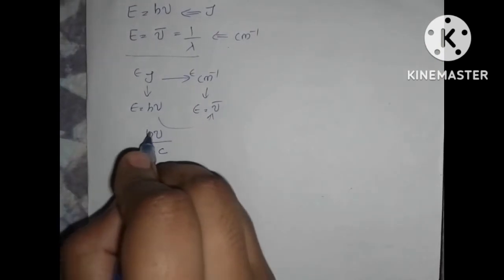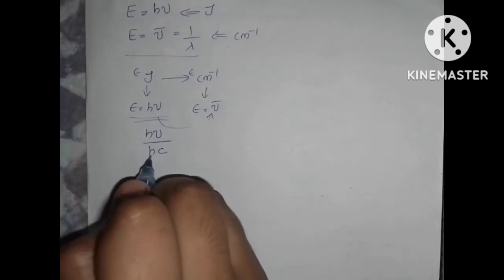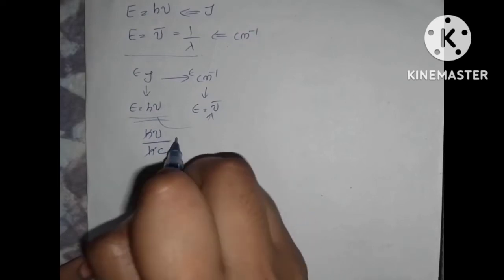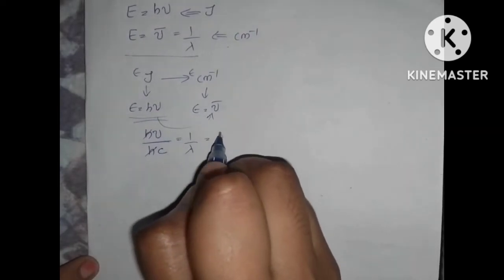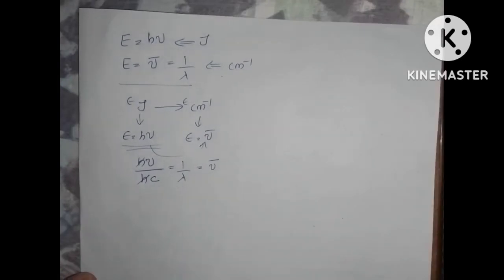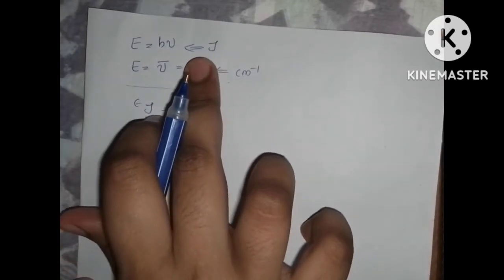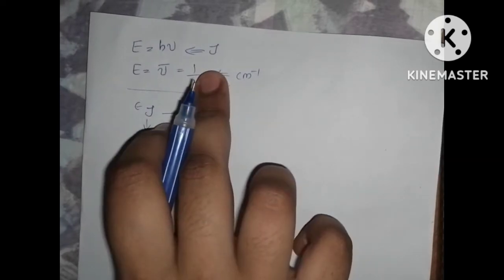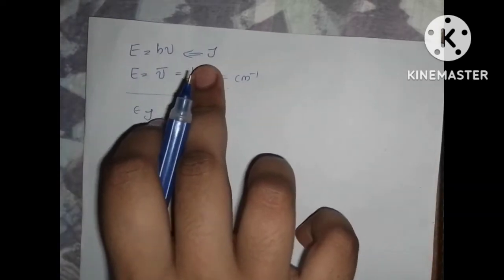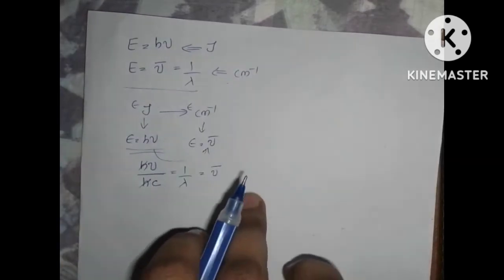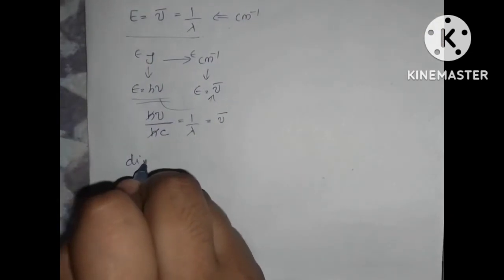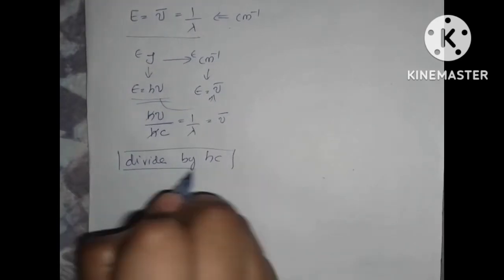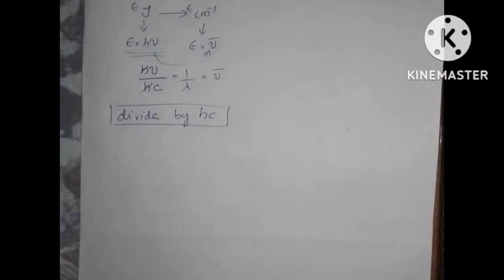When we divide by hc, the h cancels out and we get nu by c, which is equal to 1 by lambda, which is nu bar. So if the energy is given in joules and the answer is required in centimeter inverse, first convert the energy in joules by dividing by hc. We should remember this, we need it for some questions.